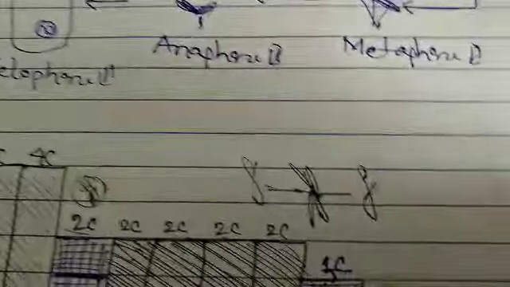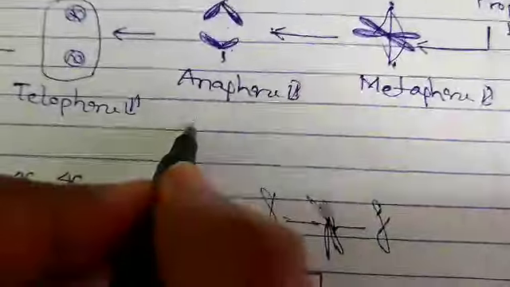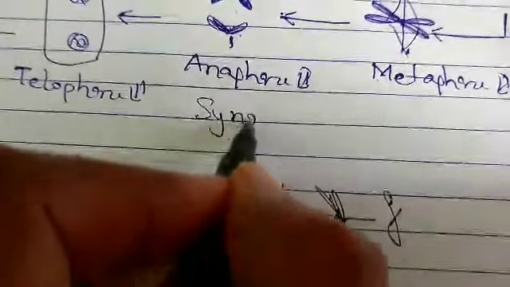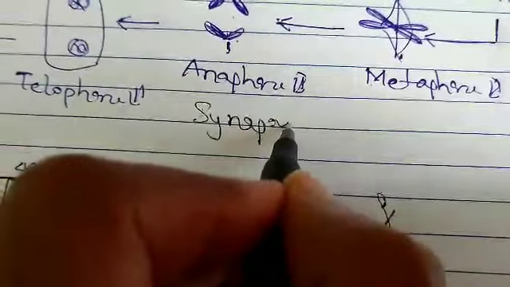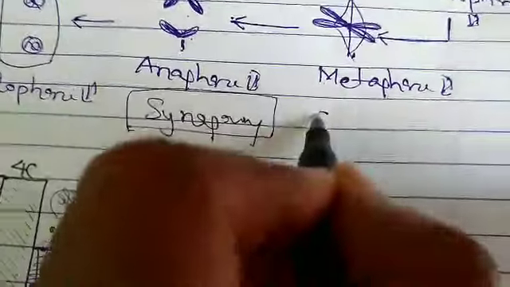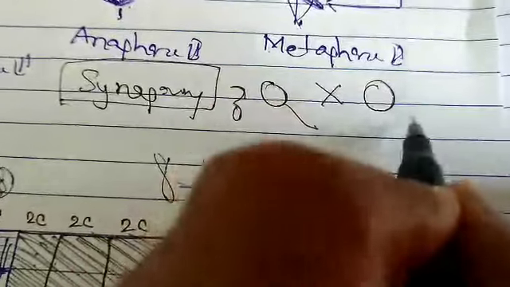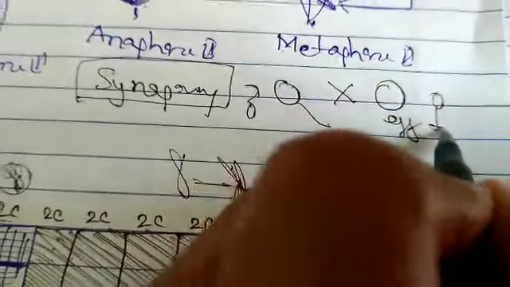So what was the need for meiosis II? Suppose when syngamy, that is fertilization, occurs, one male gamete, the sperm, fertilizes the egg, the female gamete.